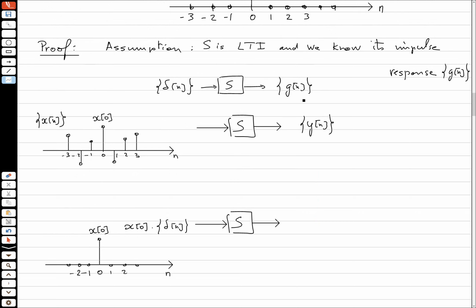So with property 1, you multiply this by x of 0, then the output will be multiplied by x of 0. So that's the answer. It's x of 0 times g of n, because the system is linear, and specifically property 1.